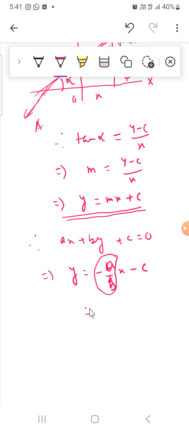It can be written as y is equal to m x plus c', where m is equal to minus a by b and c' is equal to minus c by b. So in this way we can transform any general first degree equation in two variables into slope intercept form.